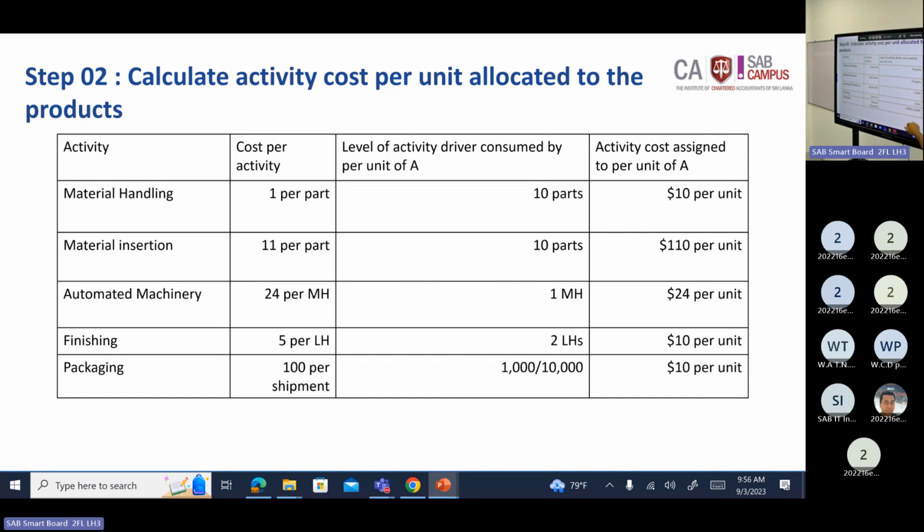Finishing labor hours 2. Packaging, orders to be shipped 1,000.